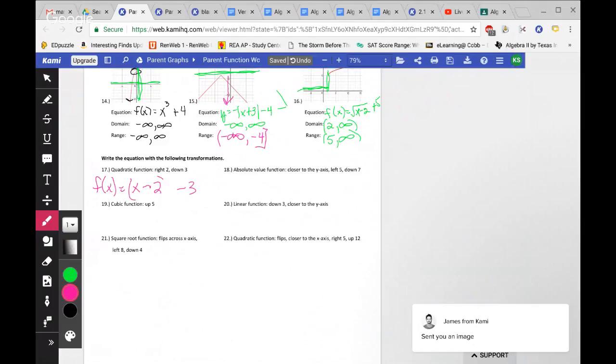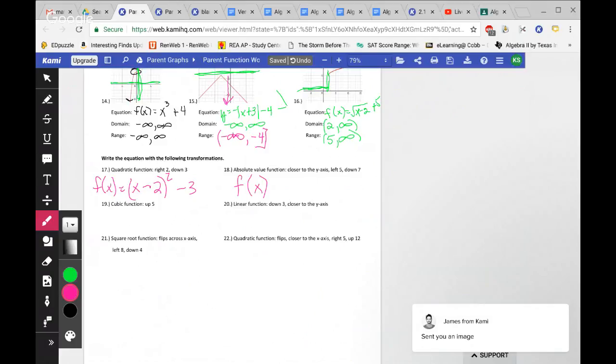And this needs to be in parentheses and squared. Yeah. Okay, cool. Good job. That's it? Yes. So it's x minus 2 in parentheses squared minus 3.